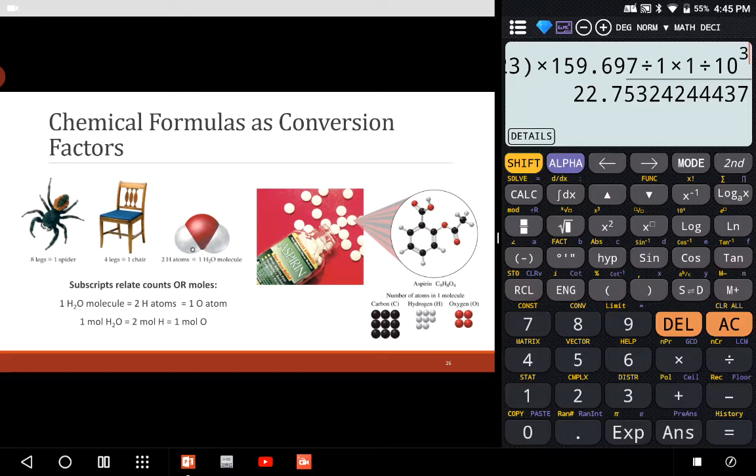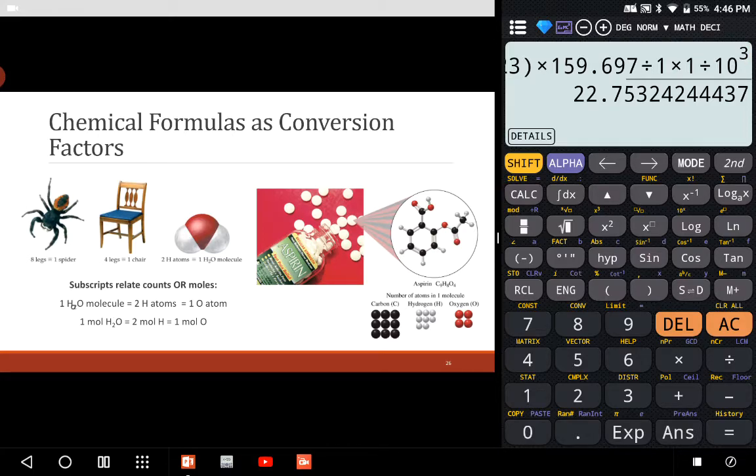So the subscripts in the chemical formula can either relate the number of molecules to the number of atoms at that small scale of individual items, or we could scale that up. And so instead of talking about one individual molecule, we could talk about a whole mole of that molecule.